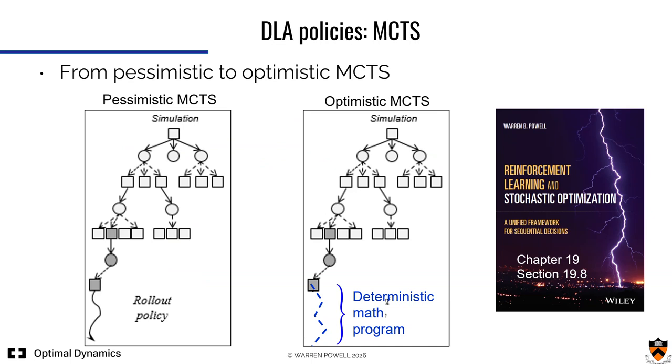If you go to section 19.8 of my advanced book, I talk about 2 forms of MCTS. The classical form with the rollout policy, I refer to that as pessimistic MCTS because the rollout policy is ad hoc and heuristic, and it gives me a lower bound on the value of being in a node. Now, what you can do is you can do a rollout, then act as if you know everything that's going to happen in the future, and then put that into a math programming algorithm and solve it optimally.